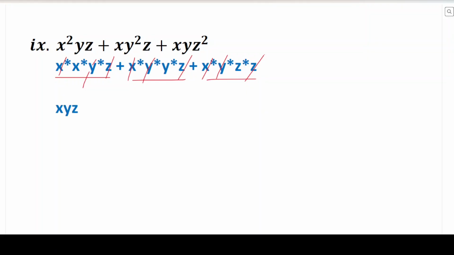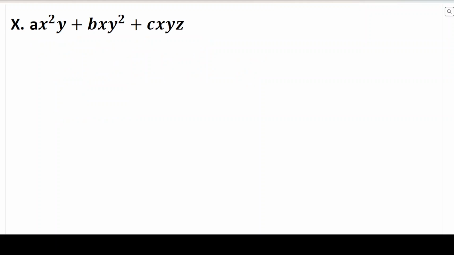So xyz is the common factor here. You have to take it out from here, and then in the bracket we can write the remaining terms: x plus y plus z. Here x, y, z are the leftover terms. So the answer is xyz and x plus y plus z are the factors.